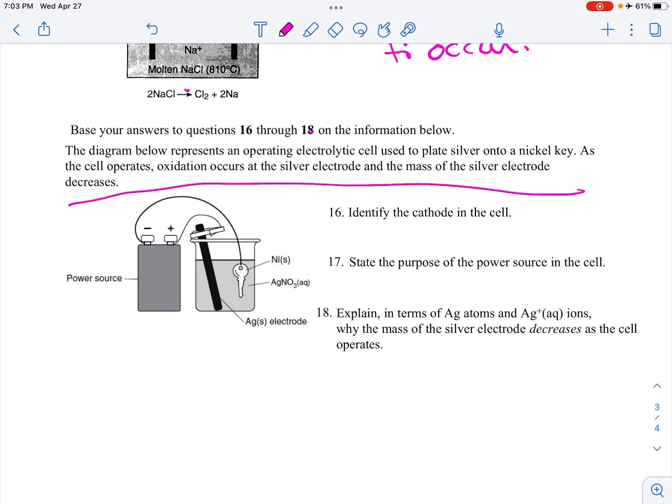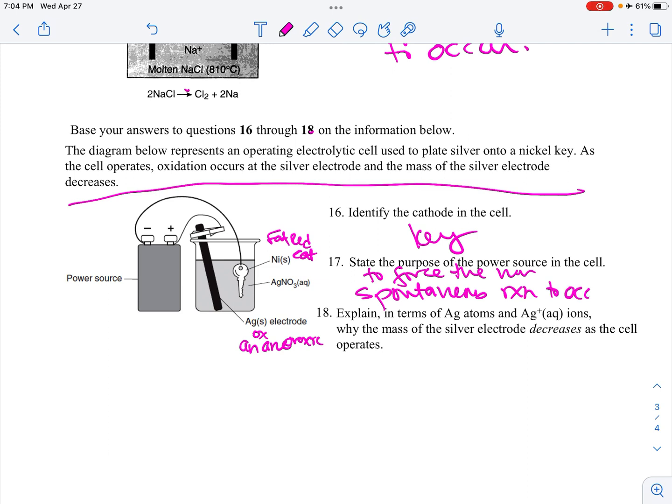Oxidation occurs at the silver electrode, so this is the anorexic ox, which means the key is the fat red cat. So identify the cathode: the key, nickel key. State the purpose of the power source: again, to force the non-spontaneous reaction to occur.